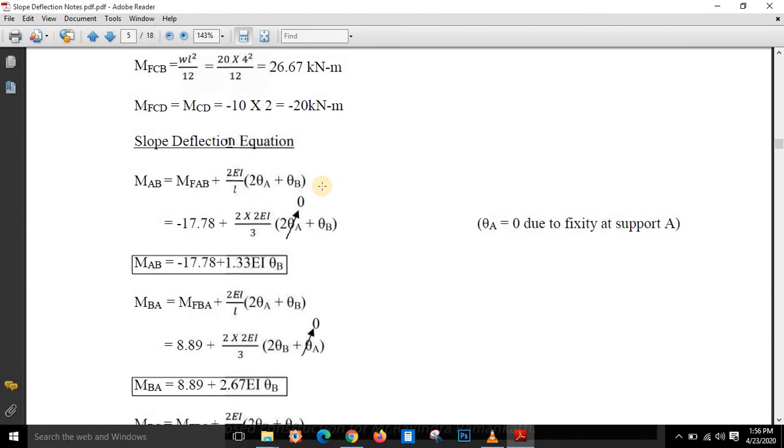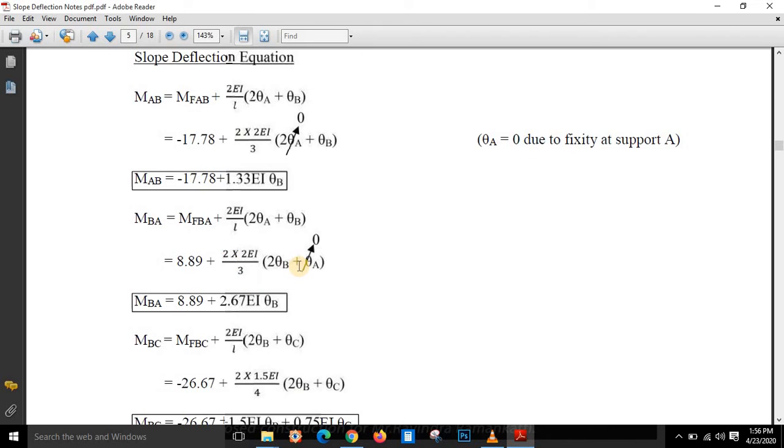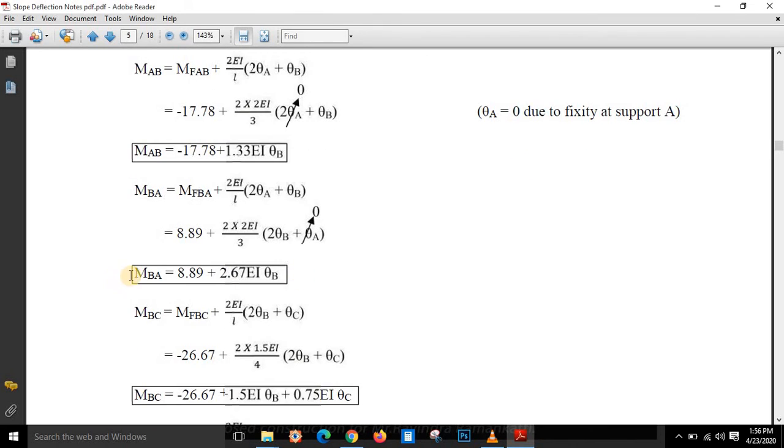Now we move forward. After applying the slope deflection equation, I am going to get this equation, and similarly I am going to apply the slope deflection equation for MBA. It is nothing but MFBA plus 2EI divided by L into 2 theta A plus theta B. In the same way I am going to calculate this equation.